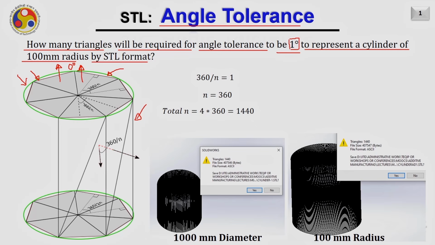Now let us consider two consecutive triangles. As we discussed in the last example, there will be two triangles corresponding to one triangle on the top. So this is one triangle, and correspondingly there are two triangles you can see. One is this and another is this.